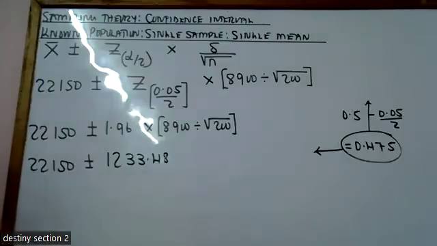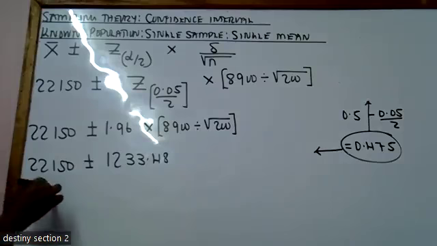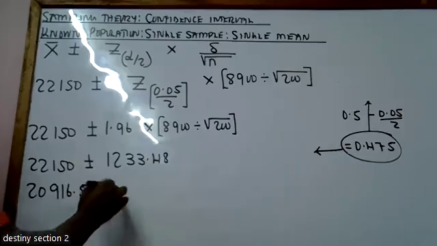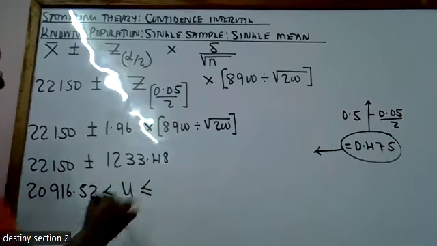So when you subtract it from 22,150, 22,150 minus 1233.48 is 20,916.52. This is the lower limit.